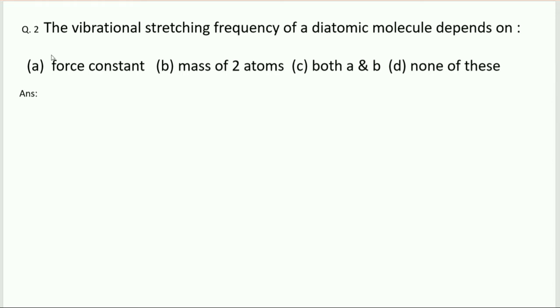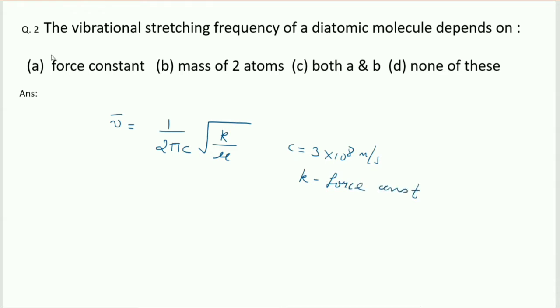So what is the formula for vibrational stretching frequency? nu bar equals 1 by 2 pi c root of k by mu, where c is the velocity of light, c equals 3 into 10 raised to 8 meter per second, k is the force constant, and mu is the reduced mass. Now nu bar is the frequency.